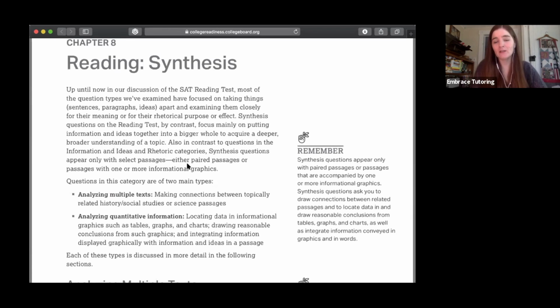Basically, synthesizing involves a higher level of thinking and knowledge, and it is asking you to think more critically about a given topic. You're still focusing on ideas and information, and you're still working with language and understanding what the author's rhetorical strategies are, but you're taking it beyond just identifying what that is, or simply defining what that means, or what the author is trying to talk to you about.